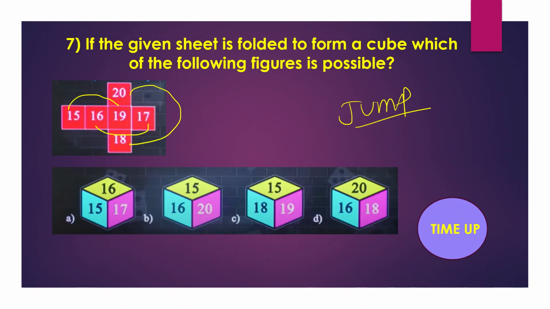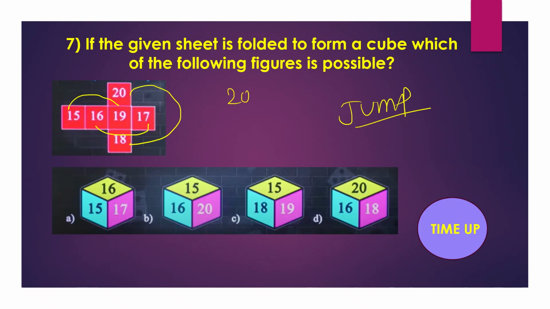Okay, now one thing you need to remember is that adjacent faces of a dice can never be opposite to each other. So now if you check, 20 should not be adjacent to 18 here. Okay, because they are opposite pairs.